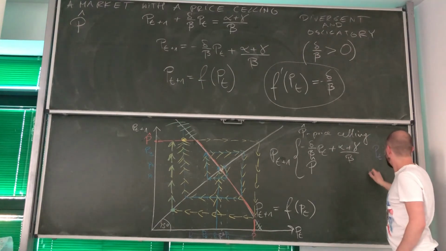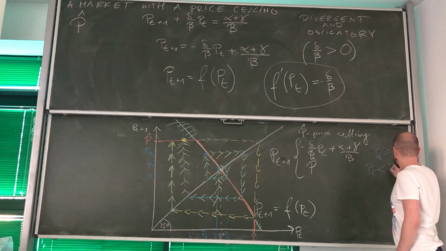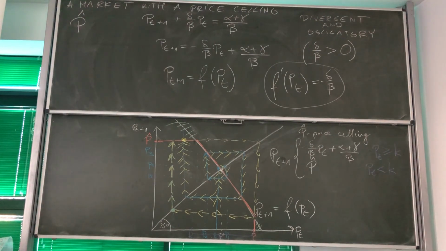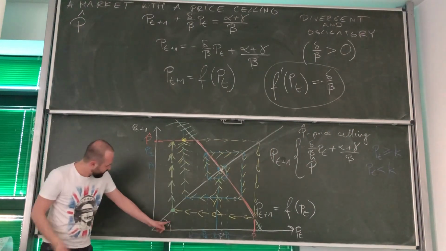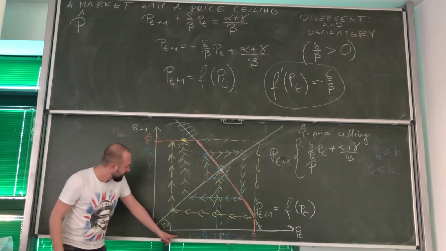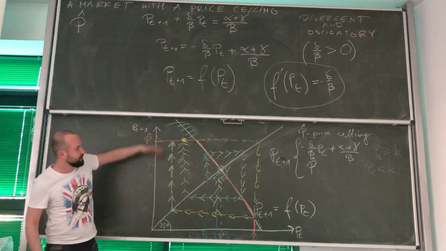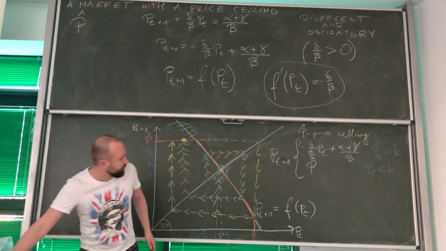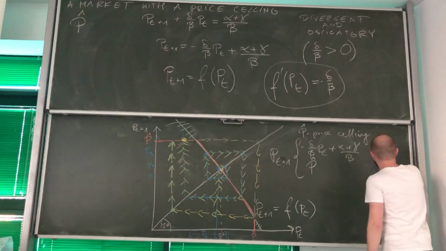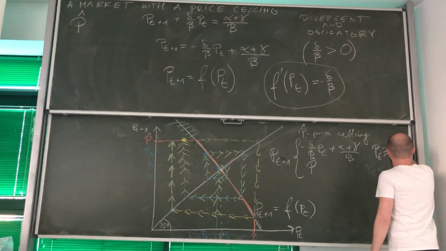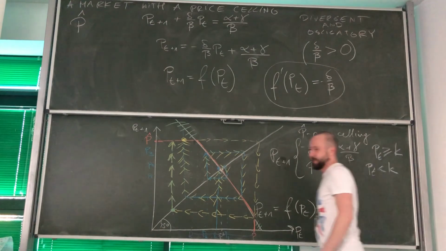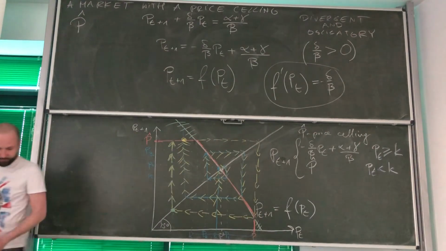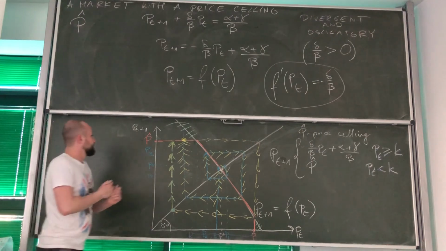However, if price is lower than K, then of course we need to use this fragment. I hope you can see it properly. This is pt higher than K, pt lower than K.